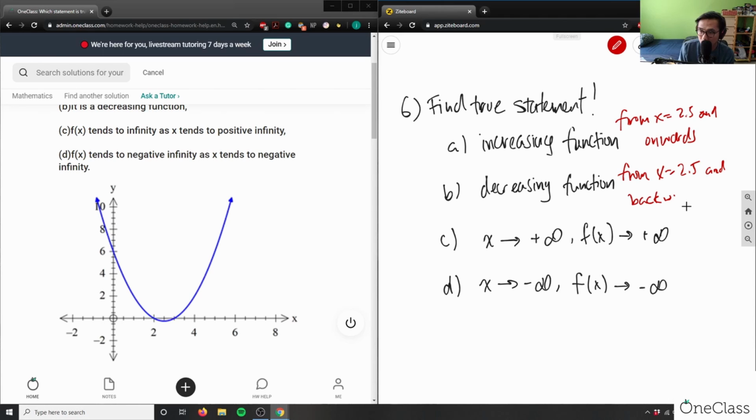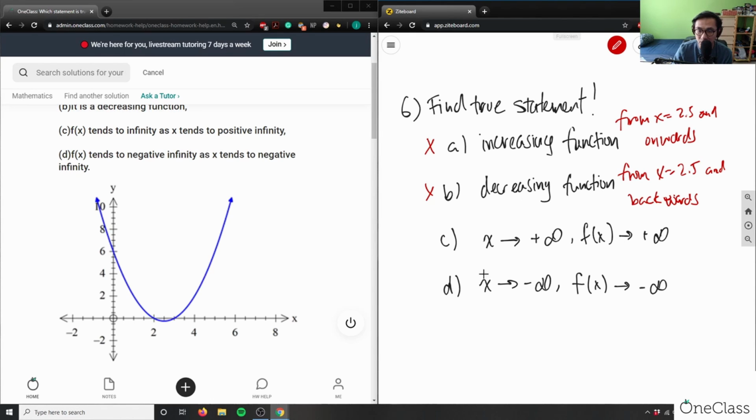So this here is a decreasing function. However, the entire function is both increasing and decreasing. So in this case, A and B are both wrong, right? Because it's both. Increasing and decreasing are both wrong.